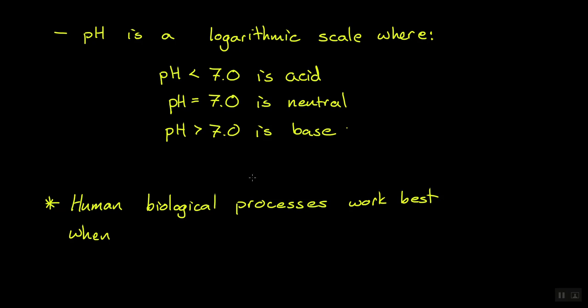Our bodies want our pH to be bigger than 6.5. So we're going to write a compound inequality: pH greater than 6.5, or rather, pH less than 7.5.